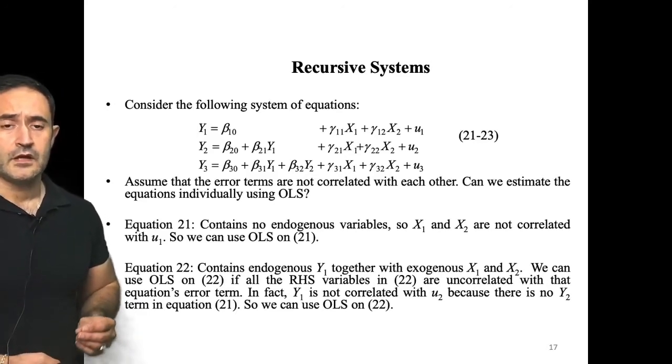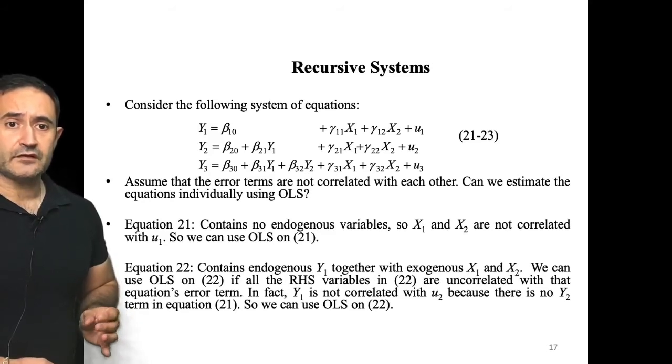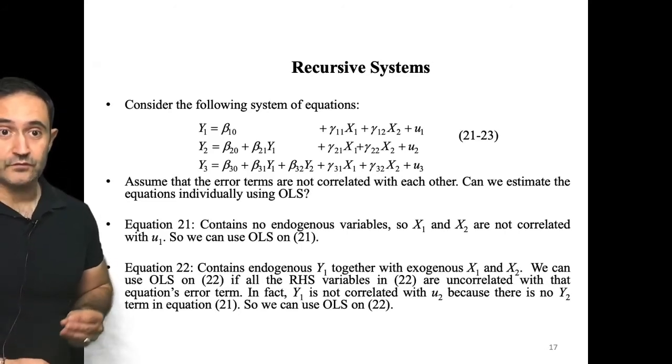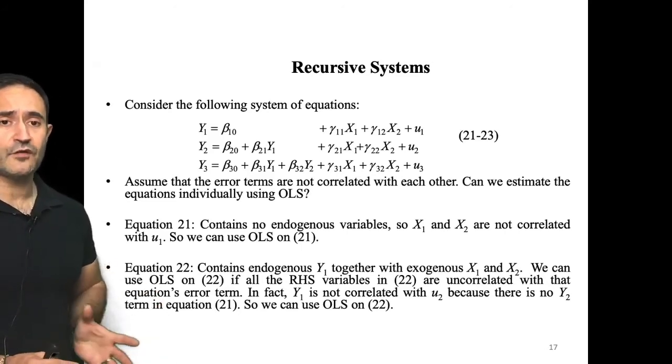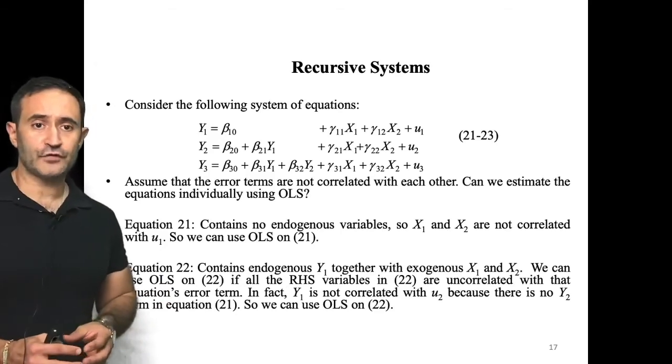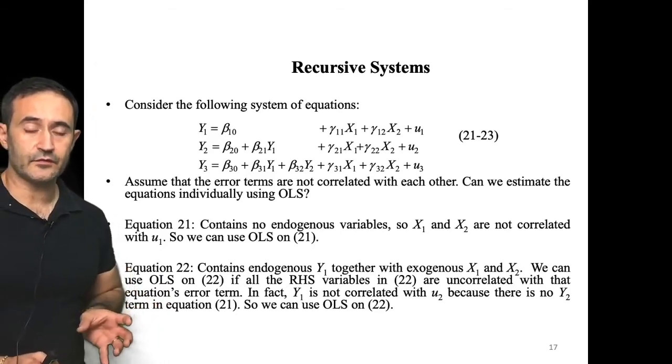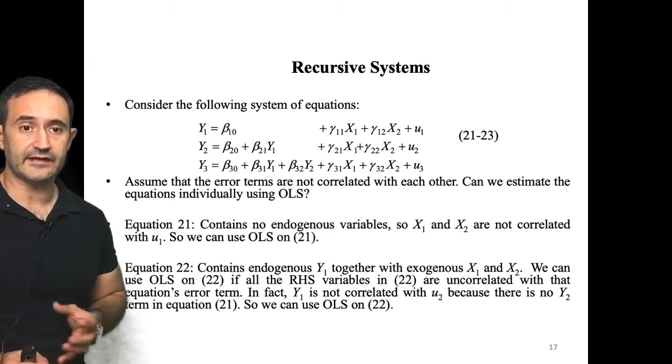So y1 does not depend on y2, and because it does not depend on y2, it's not going to be correlated to u2, the error term. Remember, the problem of correlation has to do with the fact that any of the variables are correlated with the error term.